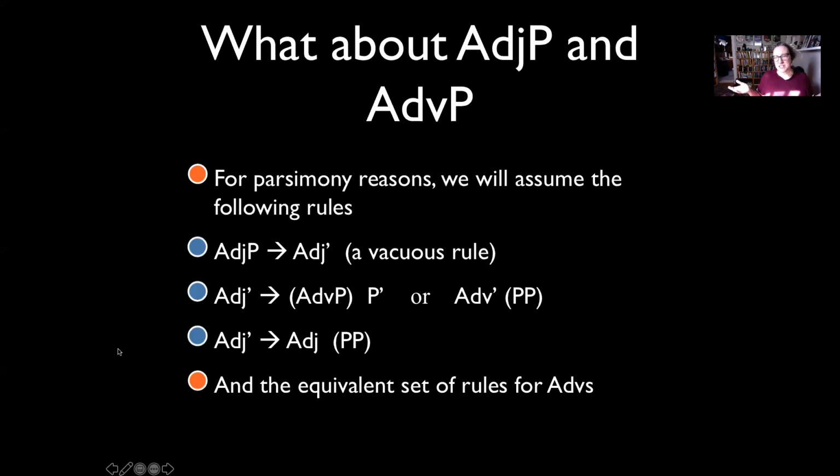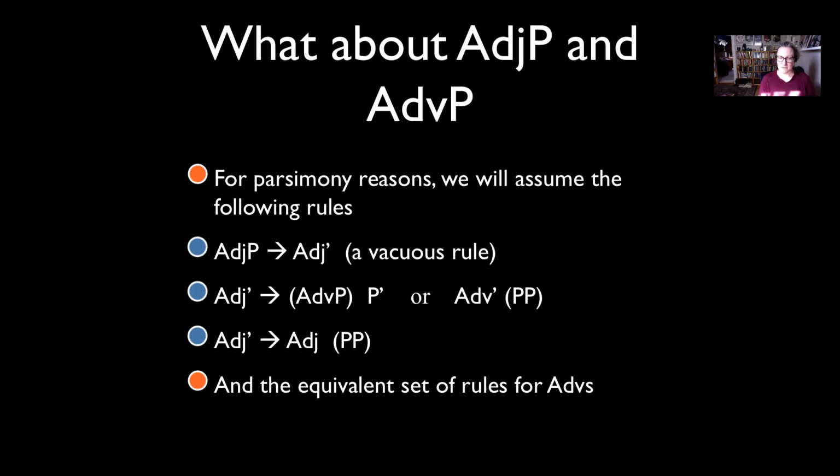What about adjective phrases and adverb phrases? For parsimony reasons, that just means for reasons of length, we'll assume the following rules, that just like prepositions, nouns, and verbs, the adjective and adverb phrases will go to an adjective bar or adverb bar.